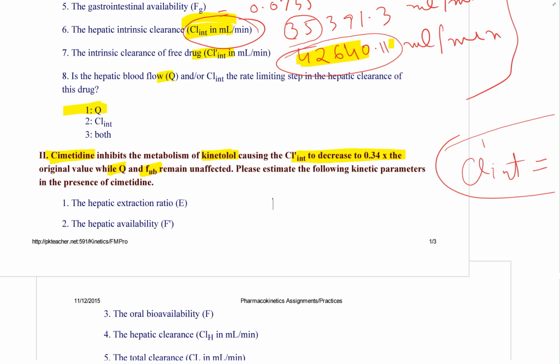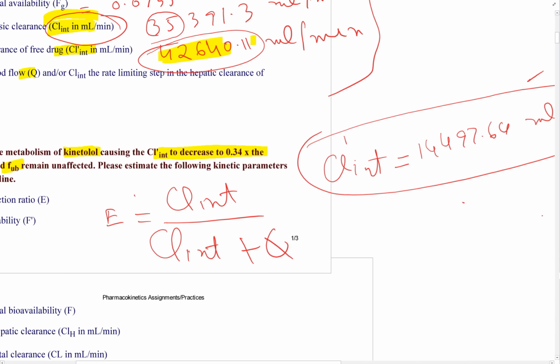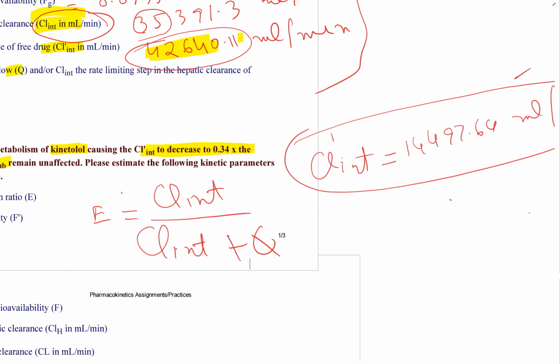Now, hepatic extraction ratio. We can calculate hepatic extraction ratio by using this equation. If you remember, E is equal to CLINT divided by CLINT plus Q. But we don't have that CLINT.